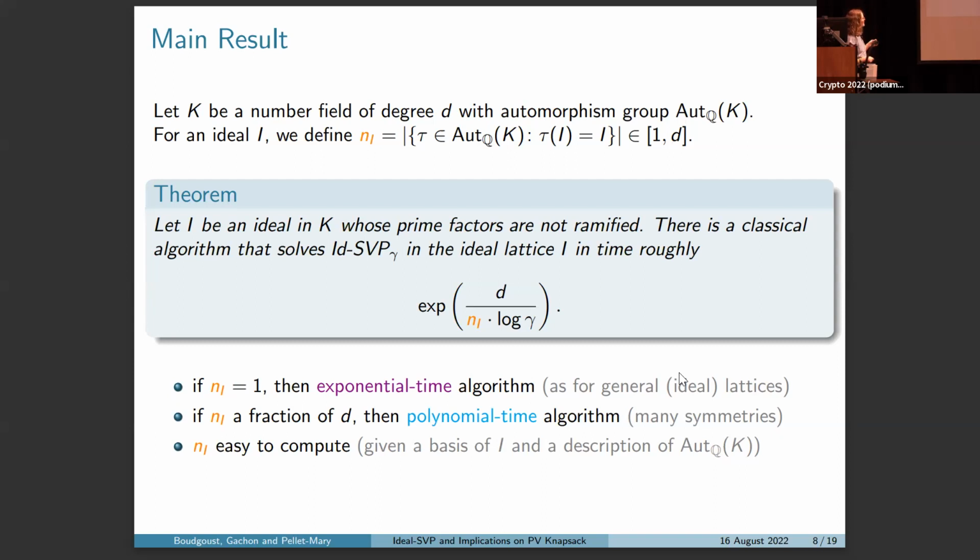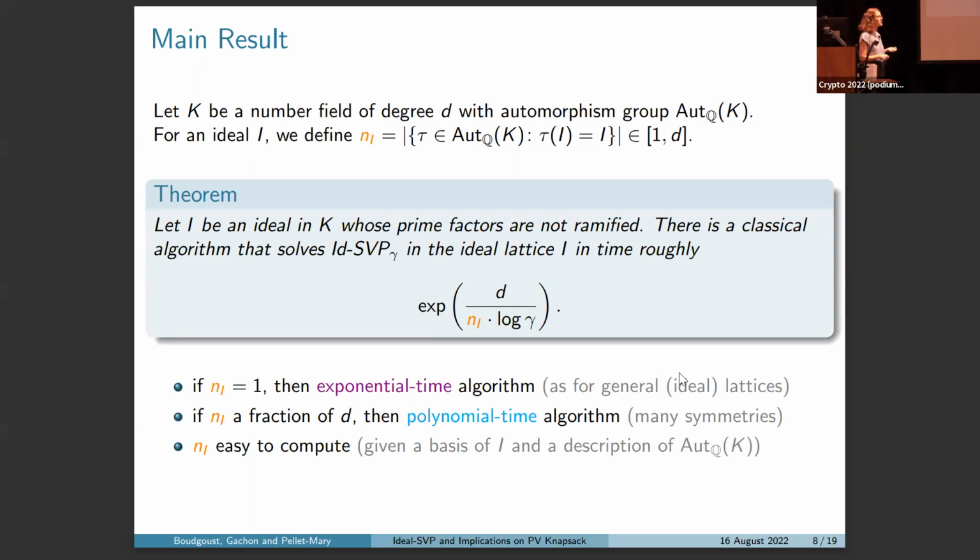So if this Ni is 1, so the ideal is only fixed by the identity, then we recover an exponential time algorithm. This is what we have for general lattices as well. But if this Ni is a fraction of D, let's say D over 2, then we recover a polynomial algorithm as here the Ni cancels out the D. And this is exactly what I mean when I say that the lattice has many symmetries.